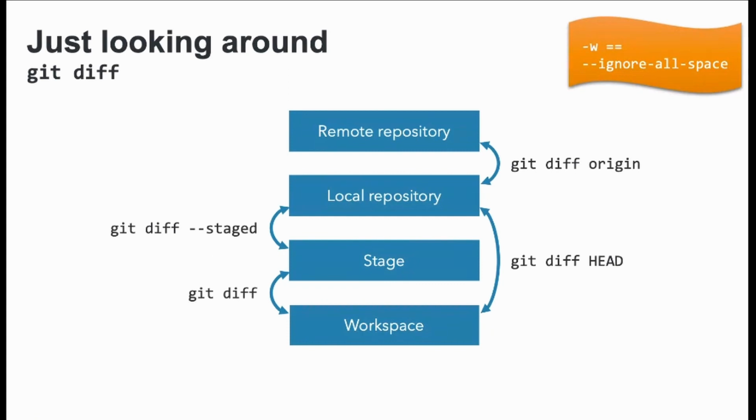And by the way, I use this orange little flag to signify a command line flag, and the one that I use most is -w, because that ignores all white space. So if you have this war going on between tabs versus spaces or something like that, you can see the differences of someone else's code without seeing all the white space. We will talk about this HEAD thingy later.